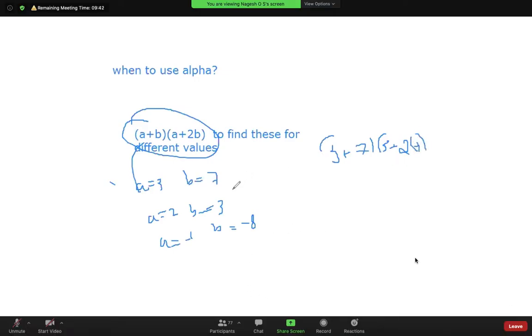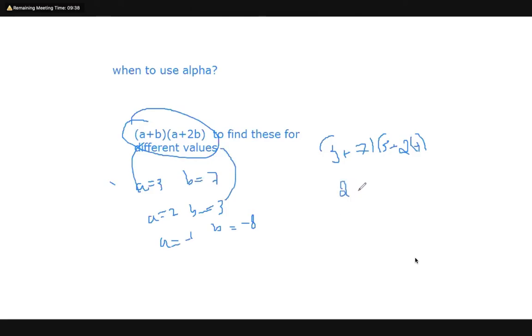And if you come to this again, you will take 2 plus 3 into 2 plus 2 into 3, like this you will calculate. But it is taking more time. Here also 3 plus 7 into 3 plus 2 into 7 you are doing. So we are using the same function for three different sets of values.